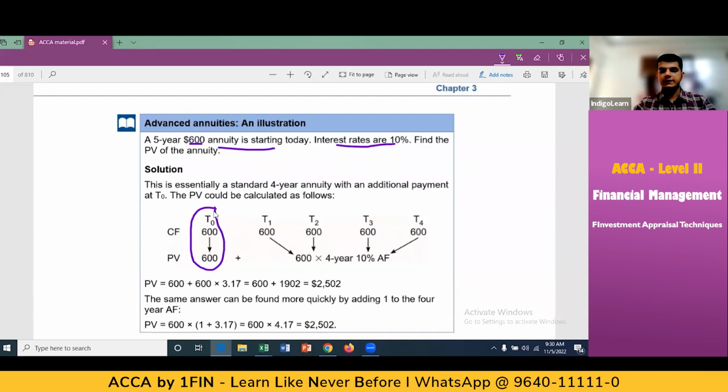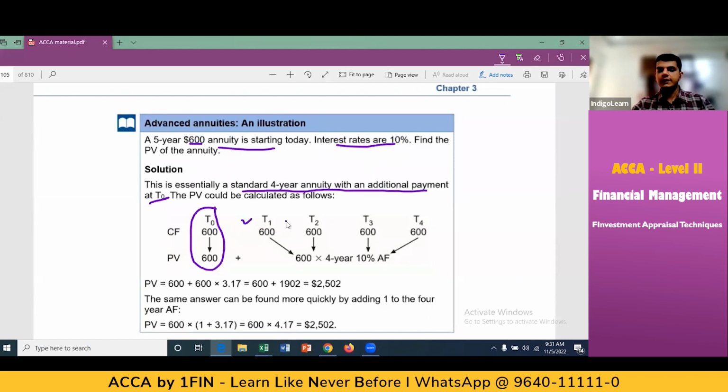We'll just show you by example. Okay, so a 5-year $600 annuity is starting today. Interest rate is 10%. So this is essentially a standard 4-year annuity with an additional payment at T0, that is 600. The immediate payment that you will get, you can add directly at the end to the value that you get from the annuity factor calculation.